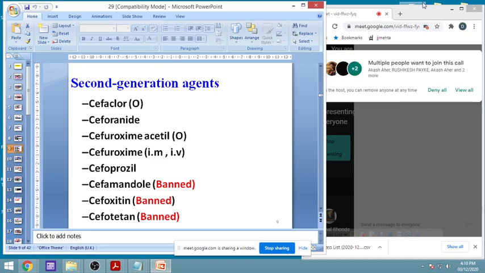Out of that, the last 3, cefamandole, cefoxitin and cefotetan, are banned, and those very commonly still available are cefaclor, cefuroxime axetil and cefuroxime plain. Axetil is given as the oral one. The basic salt is the same.